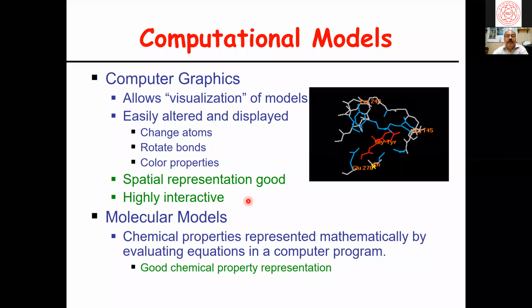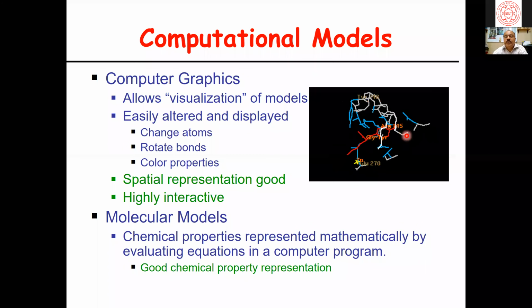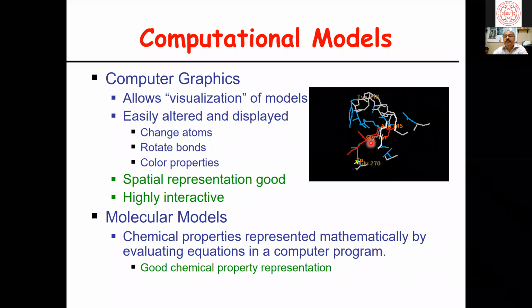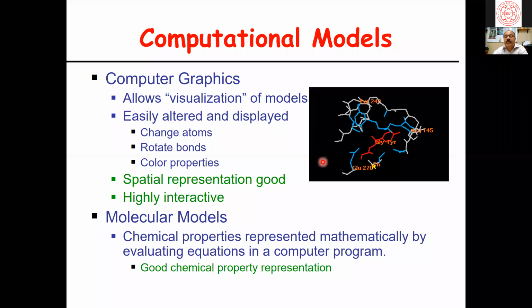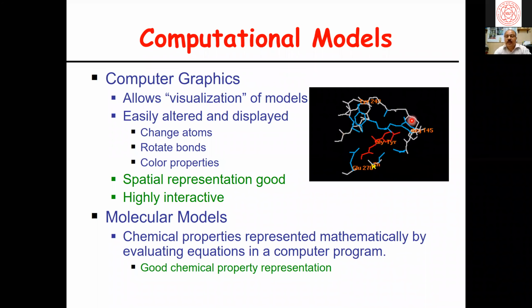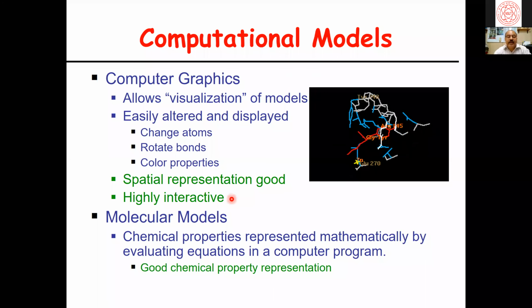They are highly interactive in the sense that you sit in front of your molecule and say that I want to change one of the residues, say phenylalanine to tyrosine or tryptophan, or I want to see the effect of how this change affects the overall binding or the structural composition. So in a way, it's highly interactive.